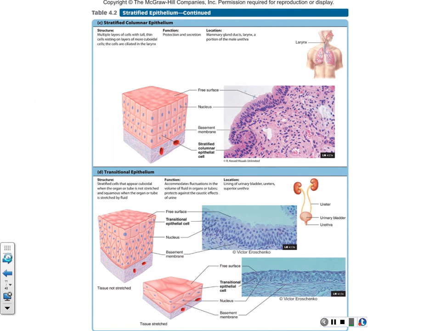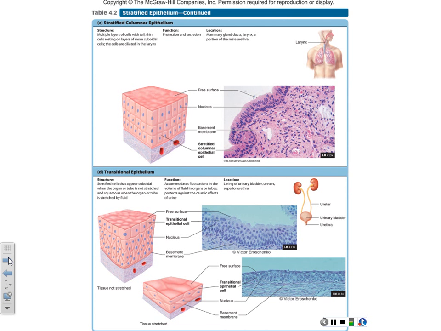Right? And then we get stratified columnar cells. Right? And these are found also in the larynx, the voice box, mostly. Mammary glands. Again, when we start to classify glands, some glands release portions of the cell with it, like milk releases portions of the cell, and then the other secretions go with it.